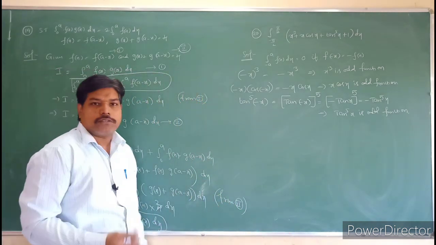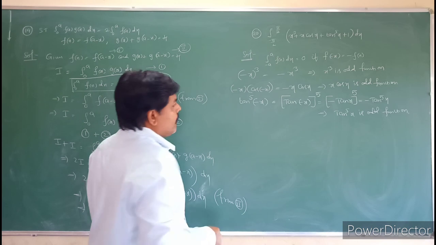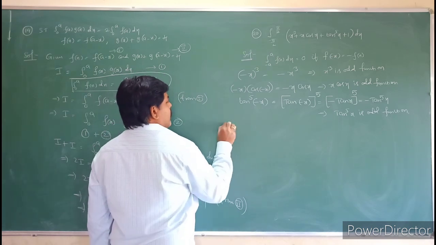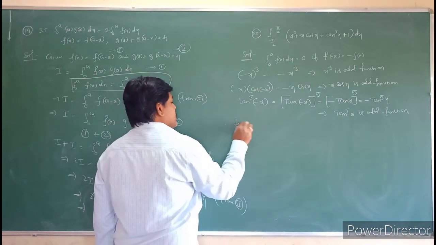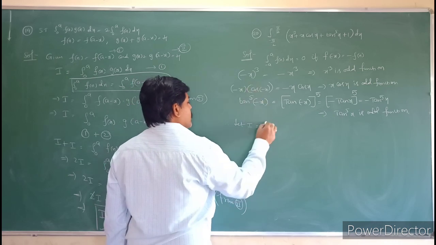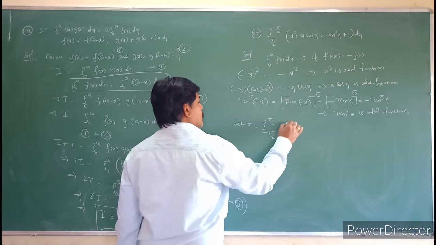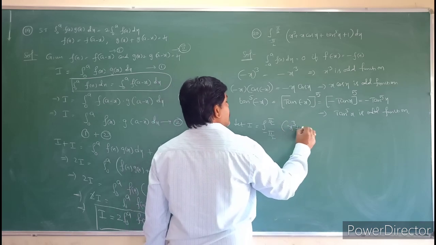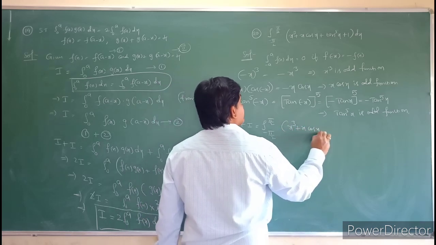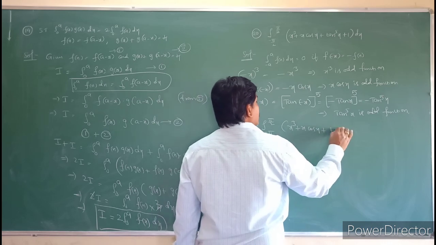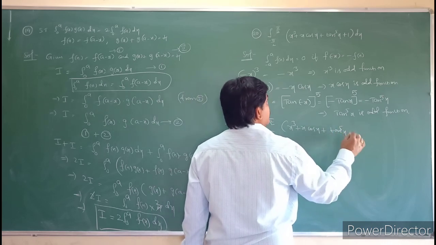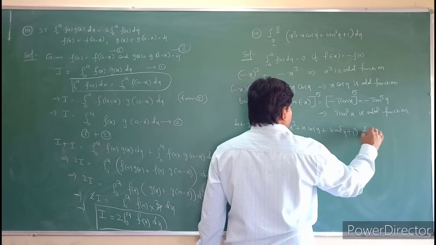So for the 1, we can't say anything. Therefore let I be equal to the integral from minus pi by 2 to pi by 2 of x cube plus x cos x plus tan power 5x plus 1 into dx.